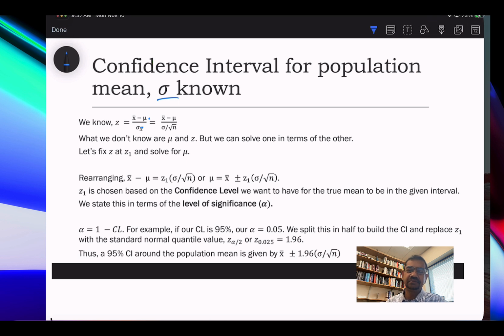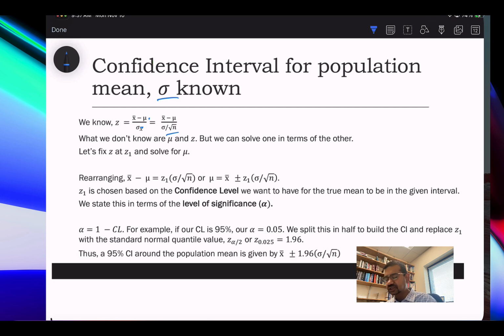But as an initial case, we'll work with the assumption that even if we do not know mu, we know the population standard deviation. So we can write our z-score for our sample mean as x bar minus mu divided by sigma divided by root n, which is also called the standard error of the sample mean.